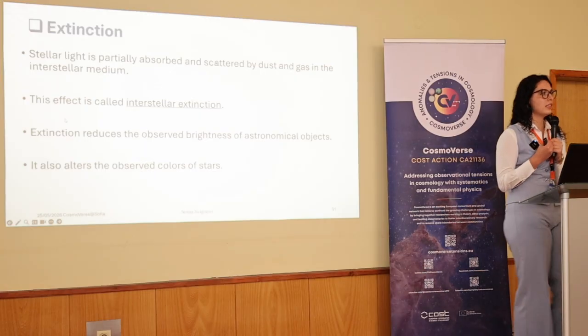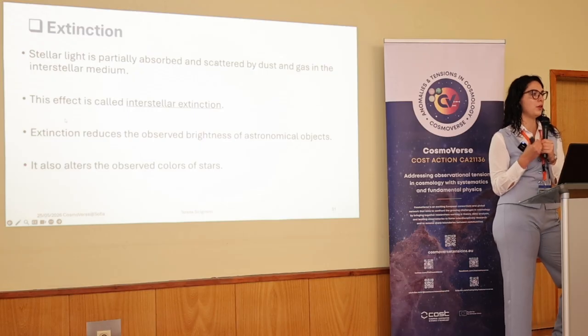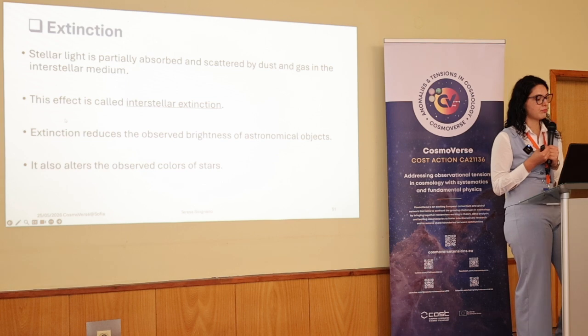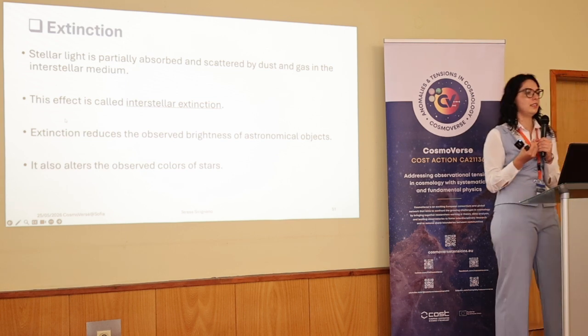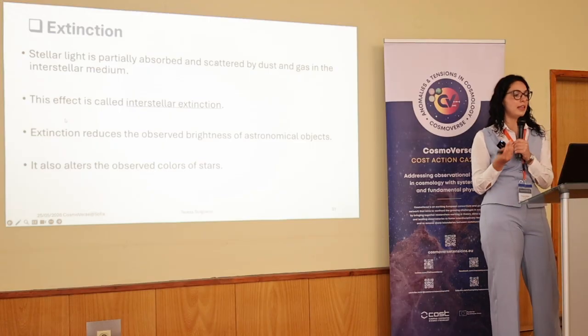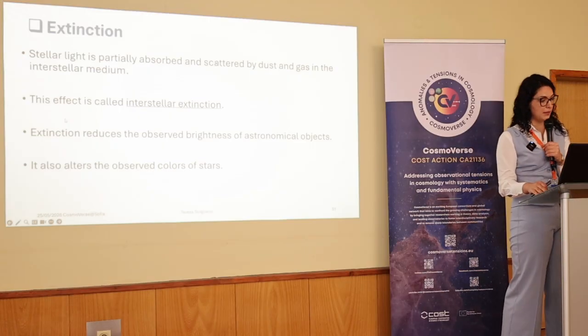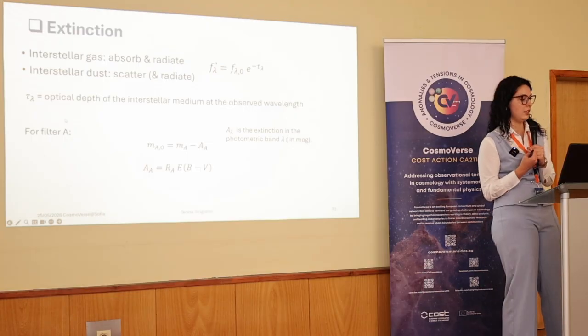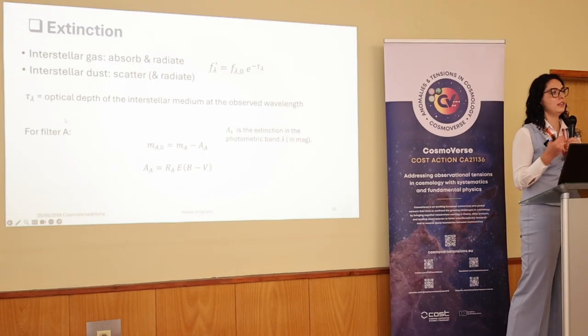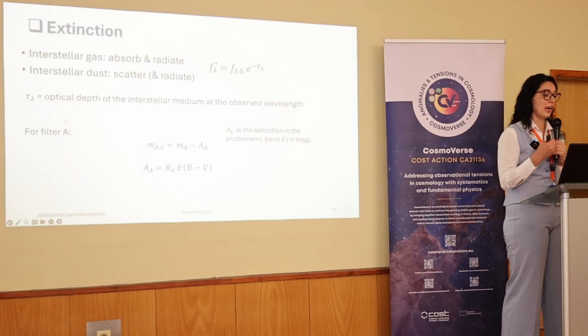The extinction reduces the luminosity, the magnitude, of the star that we observe, and also alters the colors, which, as I've told you, are a proxy for the temperature. So we have to take into account the travel of the light that's coming.